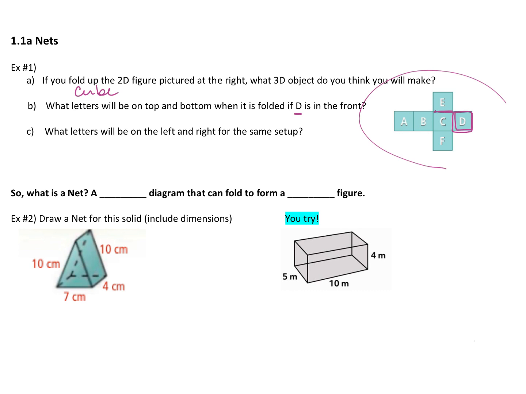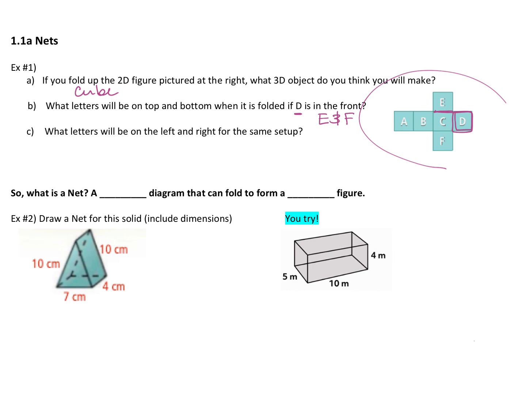The horizontal ones, the ones that go across like this, those are all my sides, okay? So when you fold it up, think what's going to be across from the other things. So in this case, what are top and bottom? That would be E and F. Okay, so letter B there, you're just going to write in E and F are your top and bottom.